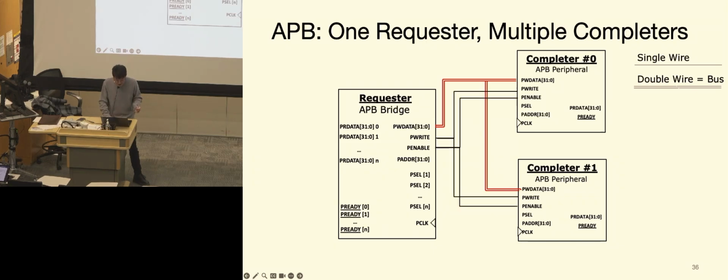The P-write and P-enable are also connected to all the peripherals. The P-write, as the name indicates, tells whether it's a read or write command. And the P-enable is connected to all, and serves as a global signal that indicates the start of a data transfer phase.